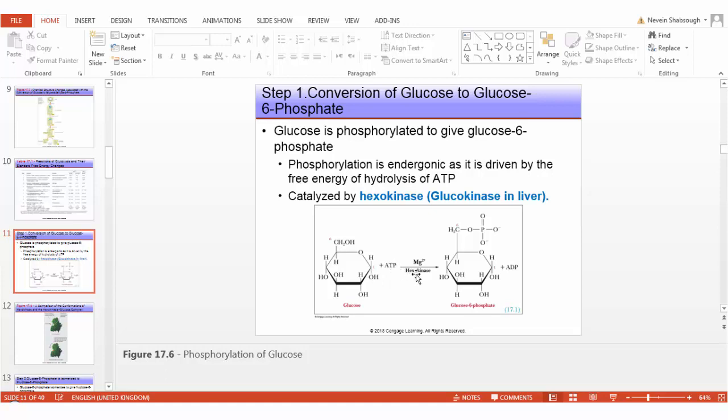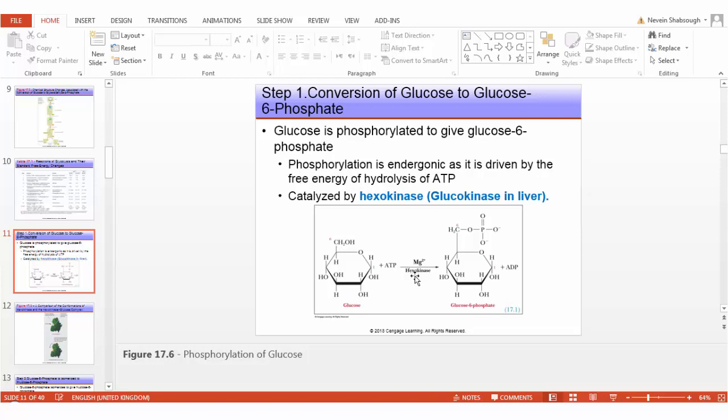This is plus ATP in the presence of an enzyme called hexokinase. Now the glucose is phosphorylated at carbon 6. So this process of phosphorylation is endergonic, but it is driven how? By the hydrolysis of ATP. We know when ATP is hydrolyzed to ADP, it produces minus 7.3 kilocalories per mole. So this drives the reaction actually.